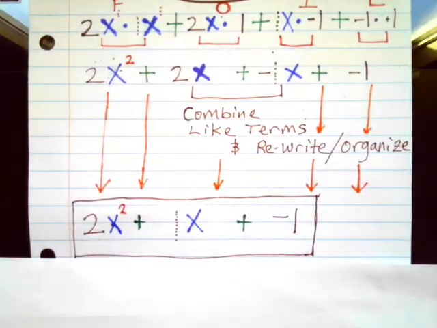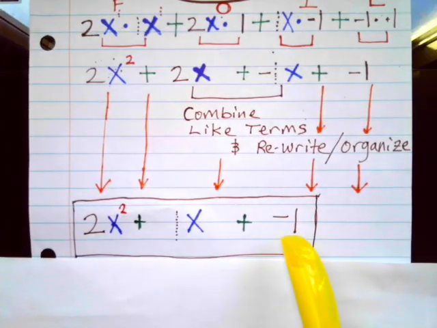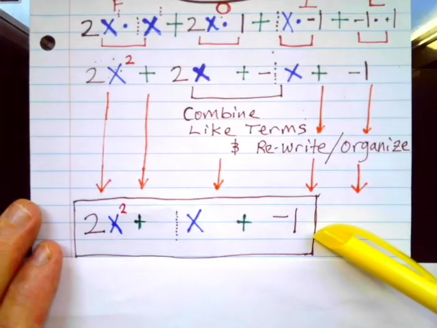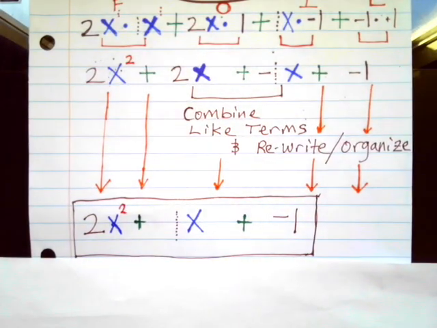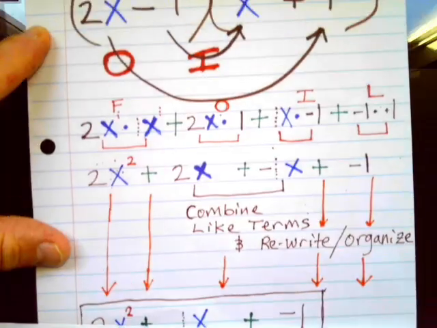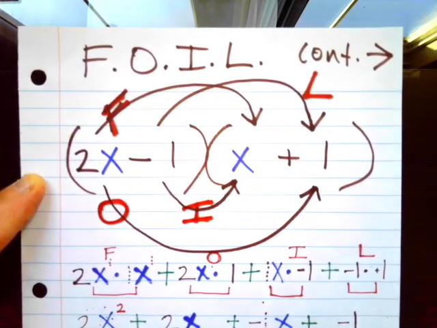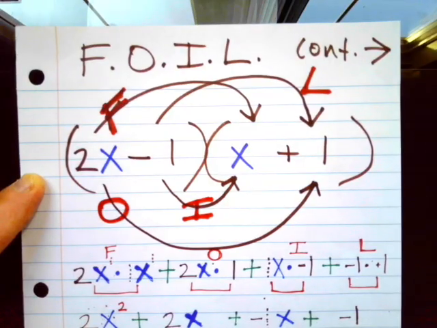The expression I started with, 2x squared plus 1x plus a negative 1, should be the expression I began my problem with if the factoring 2x minus 1, x plus 1 is correct.